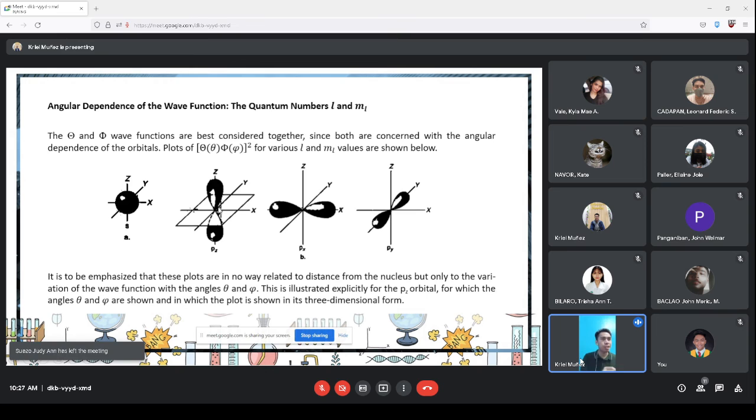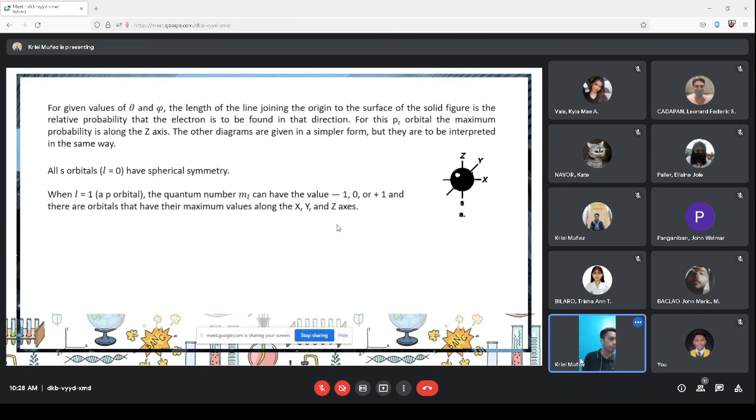So, hanggang saan siya along the XY plane and ano yung kanyang largest distance from the z-plane hanggang sa pinakamaliit na distance. Kasi, class, syempre, yung ating angle naman, magbibigay siya sa'yo ng iba't ibang distance with respect to the z-plane. Pero isa lang yung kailangan nating value, which is yung angle lang na yun. Which is, for example, for the z axis is the theta lang. Okay? So, yeah. So, ito yung magiging itsura ng ating S orbital. And ito yung ating P orbital kung titingnan natin yung kanilang angular dependence.